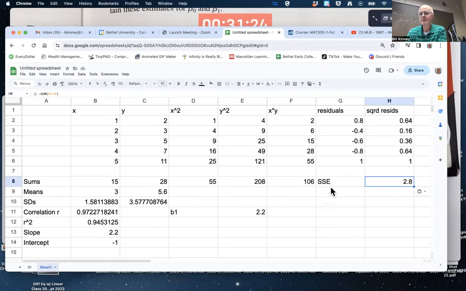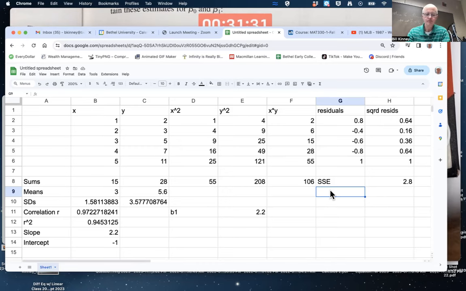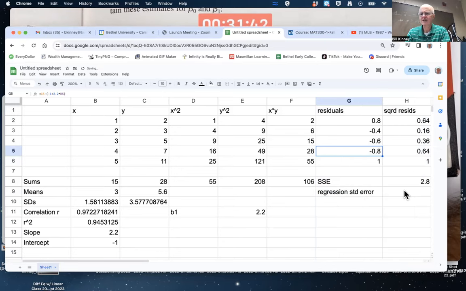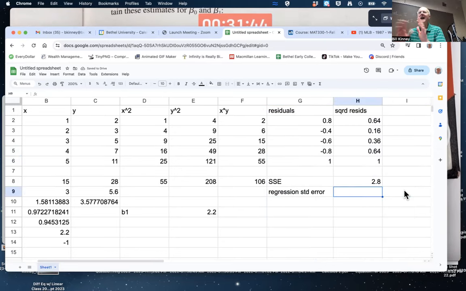I'll also tell you it's important when doing regression to use SSE to compute another quantity. It's called the regression standard error. It's kind of analogous to a standard deviation, but not for a list of numbers. Instead, it's analogous to a standard deviation for the regression overall.